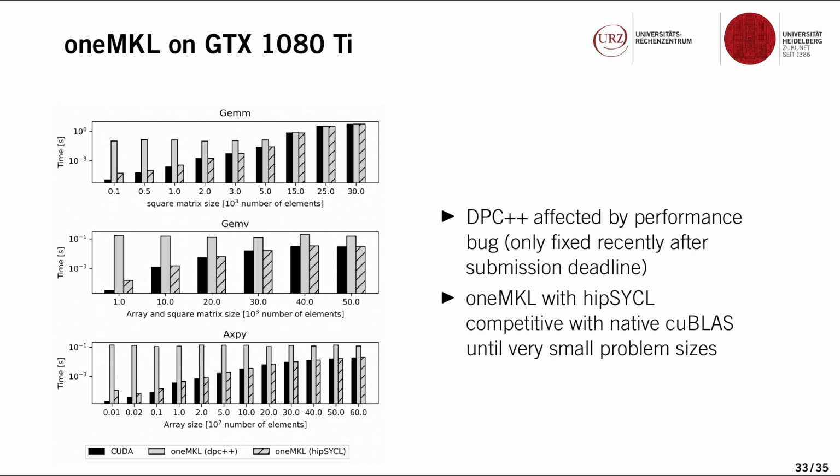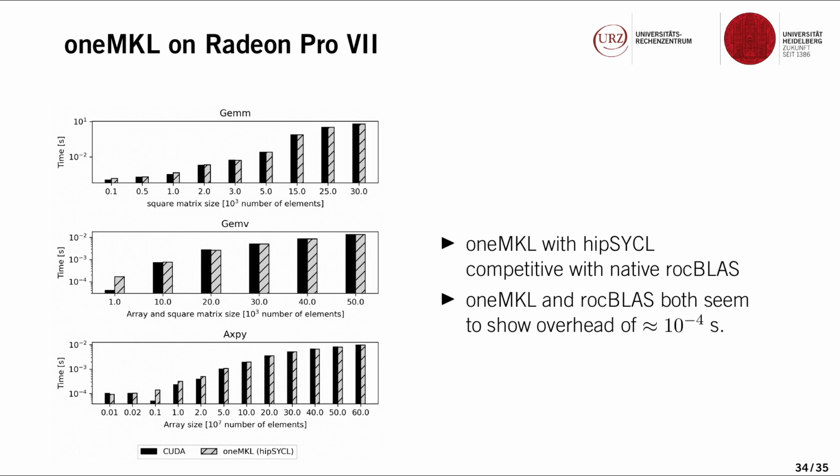So now that it's fixed, the performance is comparable to the cuBLAS performance, similarly to hipSYCL, which also is very competitive to the cuBLAS performance until very small problem sizes. If we go to the AMD GPU, again we see that hipSYCL is competitive with the native rocBLAS performance, and both oneMKL with hipSYCL and rocBLAS seem to show an overhead of around 10^-4 seconds.